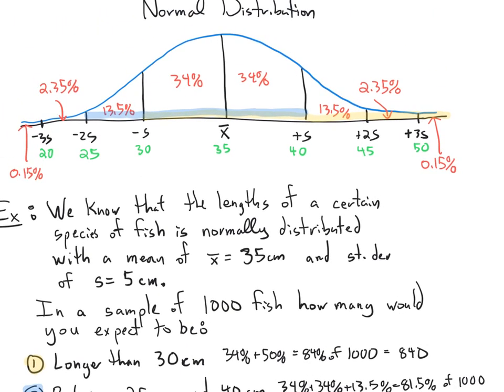Highlight. So that is between 40 and 50. That is there. So that is just 13.5% of the data is between 40 and 45, and 2.35% of the data is between 45 and 50. So together, that's going to be 15.85% of our data, just adding those together.